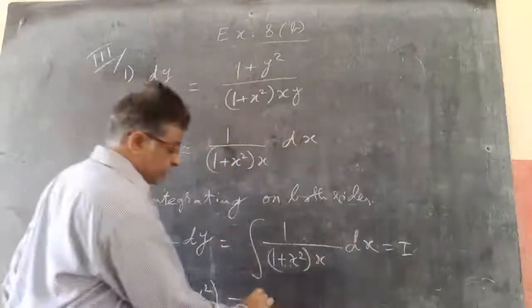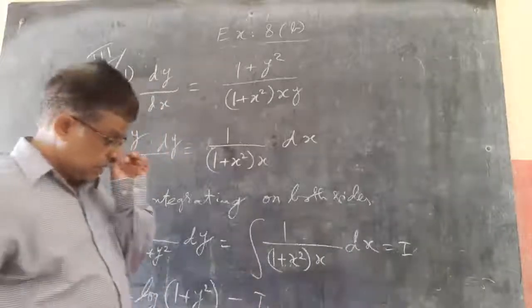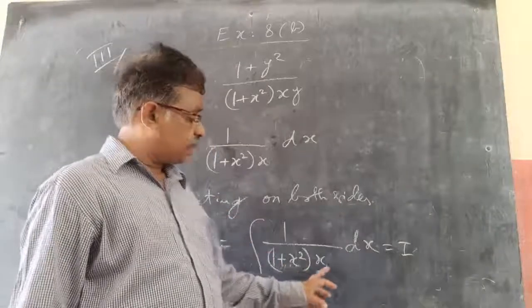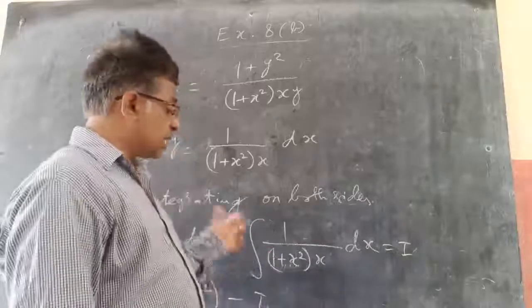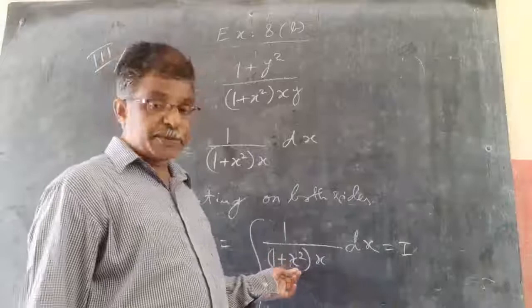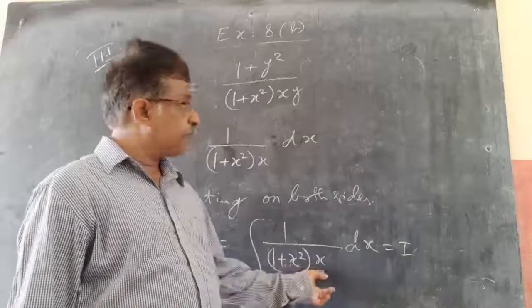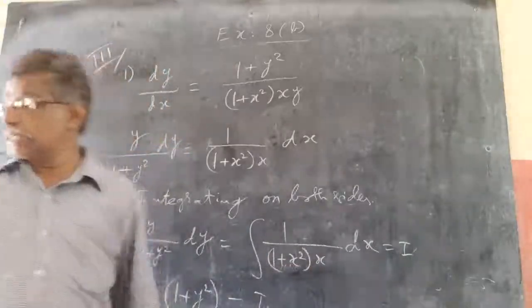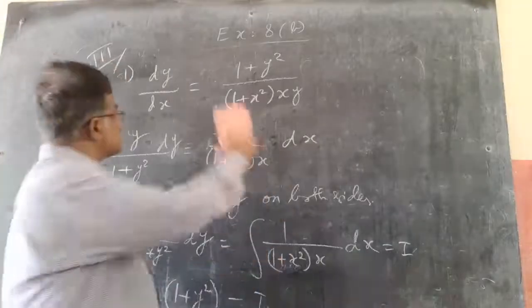Means I need to find the value of I now. So what is I? The integral of 1 by 1 plus x square into x. So I can write this with a quadratic which cannot be factorized. So I can take Ax plus B by 1 plus x square plus C by x. I can go for partial fractions like this.